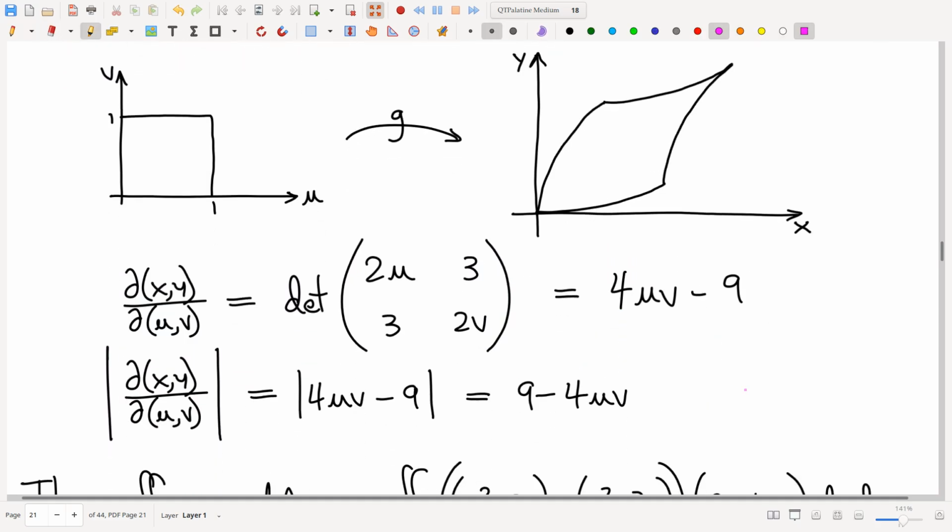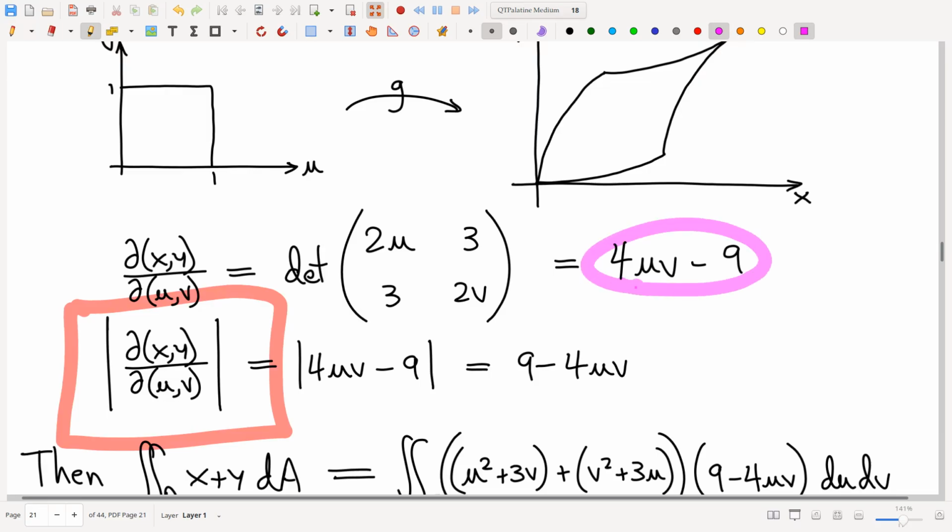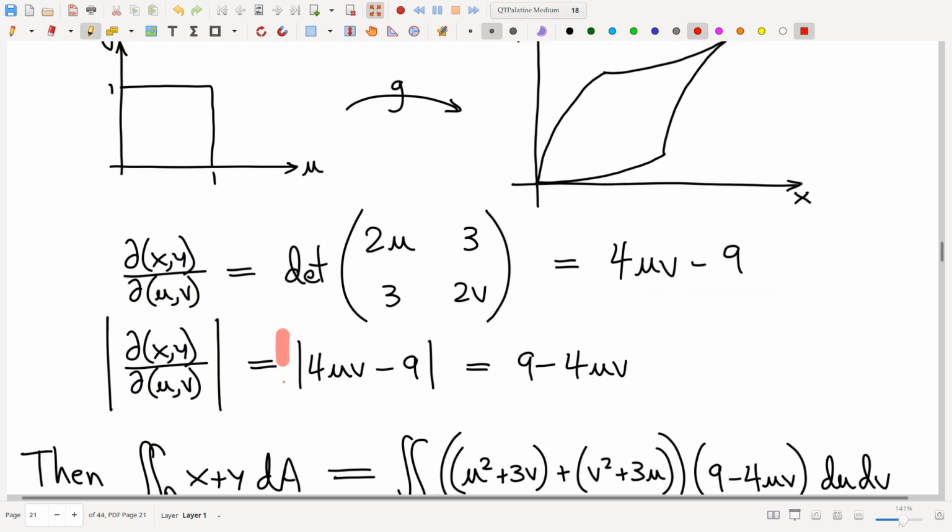The only sticky wicket is that our actual stretching factor here is not exactly that thing. It's the absolute value of that thing. So I've got to worry now about this expression. How do I deal with the absolute value of some weird, non-linear, non-simple, non-convenient expression?